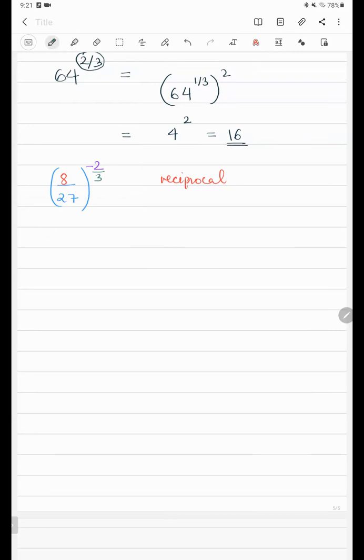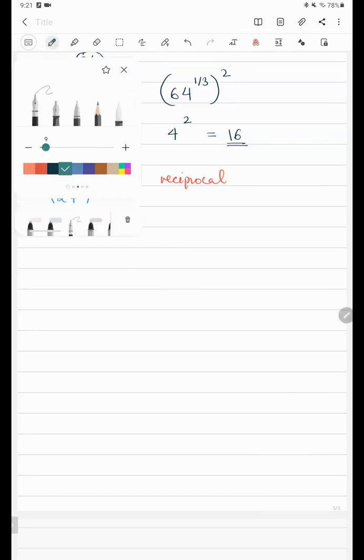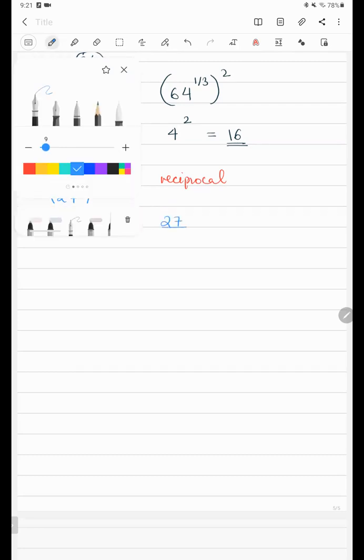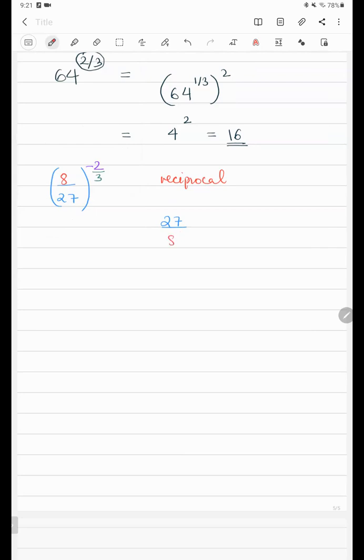Like if I want to remove the negative sign in the exponent. It will become 27 by 8. Yes, it will become 27 by 8, right? Okay. So 27, I'm trying to color code this so that things get easier to understand. Okay, 27 by 8. And what will be in the exponent?